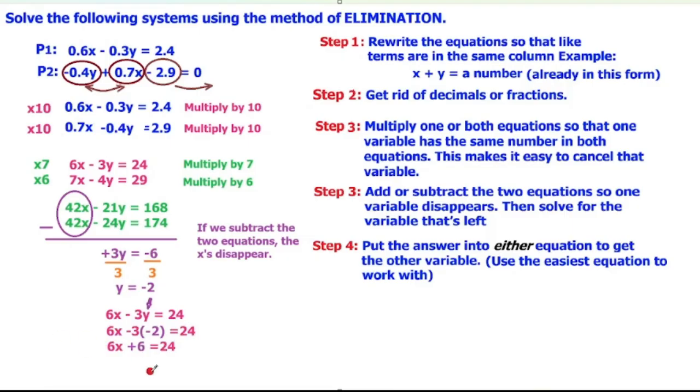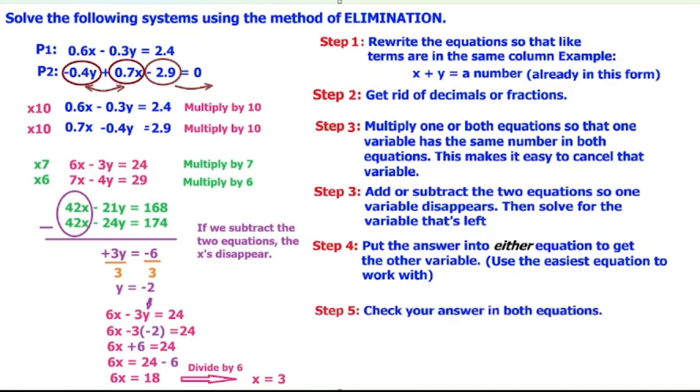Then when you calculate that out, you get 6x plus 6 equals 24. Then 6x equals 24 minus 6, because when you move this over, it becomes negative 6. So 6x equals 18, and then we divide both sides by 6, so we could isolate x. So then x equals 3.